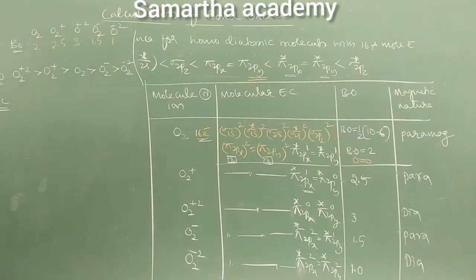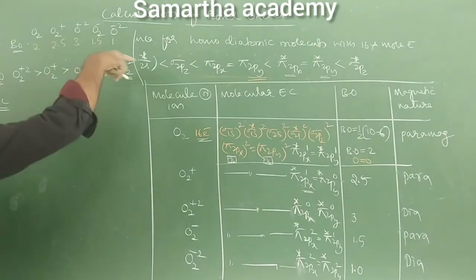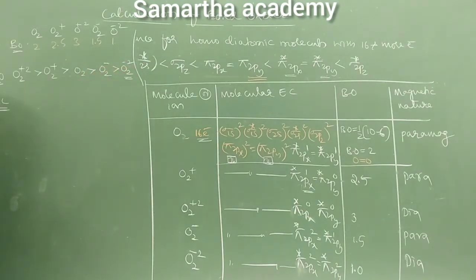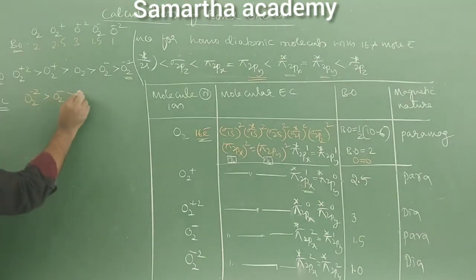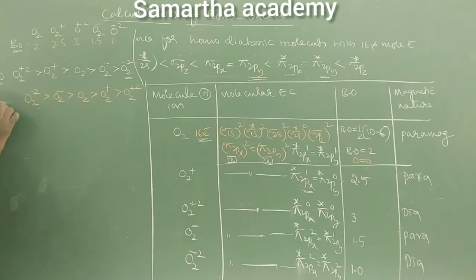We know that bond order is inversely proportional to bond length. So here O2 plus 2 has the highest bond order, it means least bond length. O2 minus 2 has least bond order, more bond length. It means O2 minus 2 has the highest bond length, then O2 minus, O2, then O2 plus 2. It is a bond length.